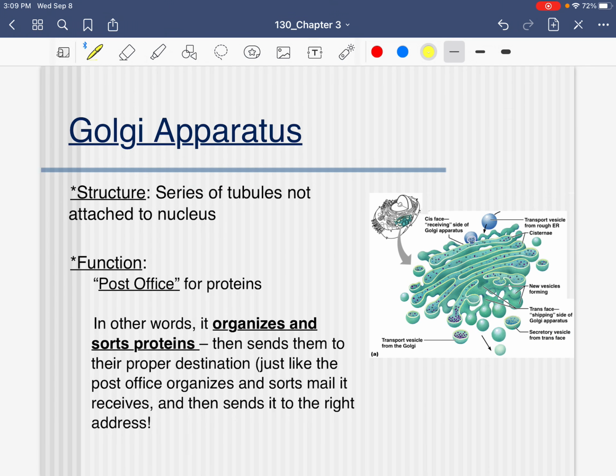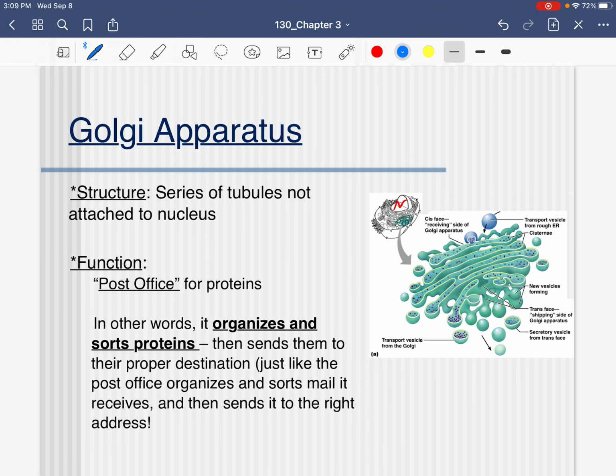See, folks, not so bad. Now, we also have another set of tubules called the Golgi apparatus. One of the best ways to identify this is to notice that the Golgi apparatus is not right outside the nucleus. Look at this picture here.